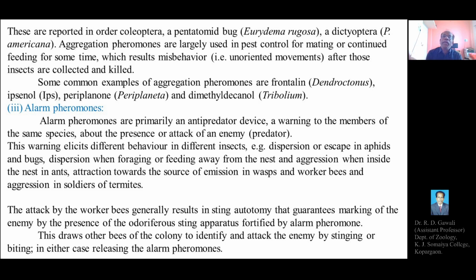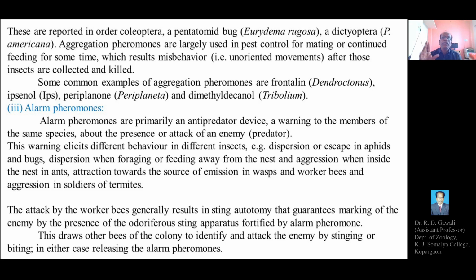The insect which first notices the presence of a predator that might attack it can secrete a pheromone called alarm pheromone.